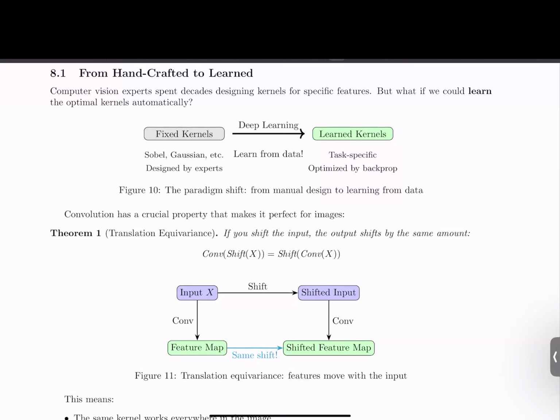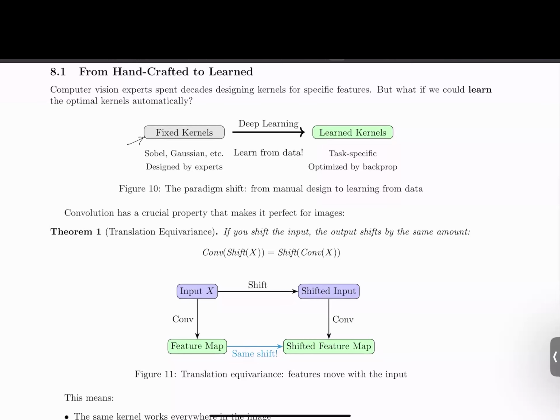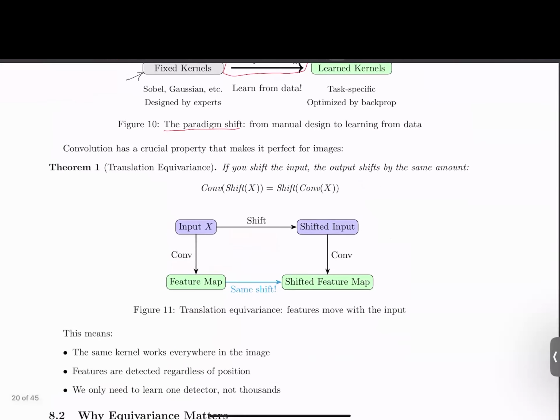We don't want to learn the domain of computer vision and all of these kernels, and then develop skill on how to make these trade-offs and decisions to use this dictionary of fixed kernels. Instead, we want deep learning to do all of that for us, learn the kernels, and these kernels are optimized for the specific task that we have.